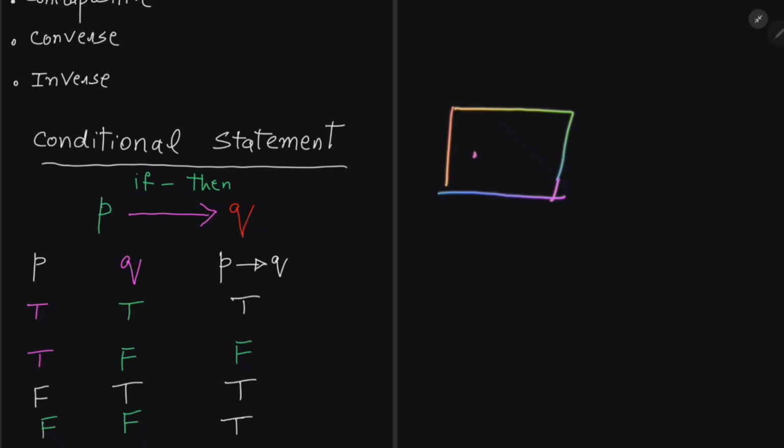So it means that the statement is false, the output is also false, but P implies Q is true. If you do not put these two F as true, then if you claim that this will be false, you must convince yourself that it should be false, which is not the case. You cannot say that the two F becomes F in conditional statement.